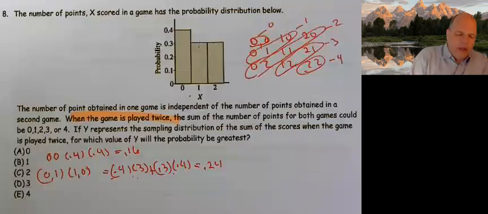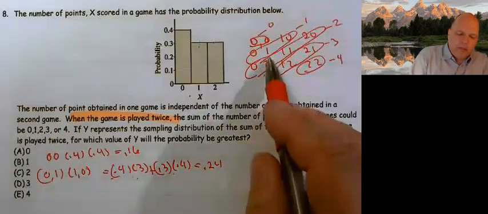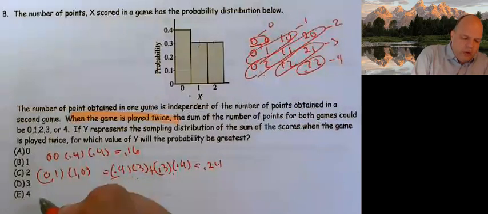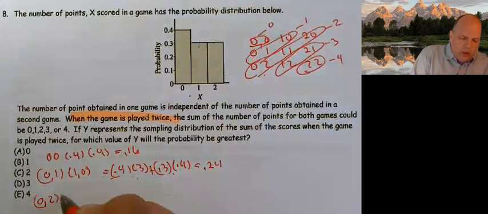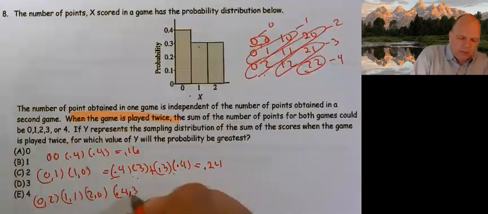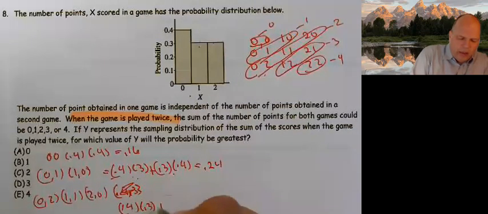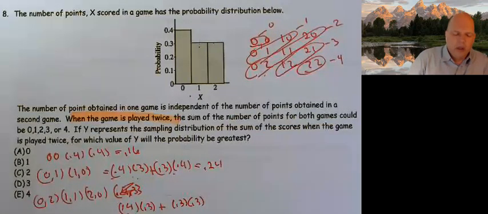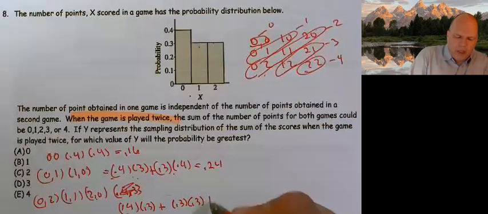Then we go to 2, and 2 is 0 and 2, 1 and 1, and 2 and 0. 0 and 2 is 0.4 times 0.3, plus 1 and 1 is 0.3 times 0.3, and then 2 and 0 is going to be 0.3 times 0.4.